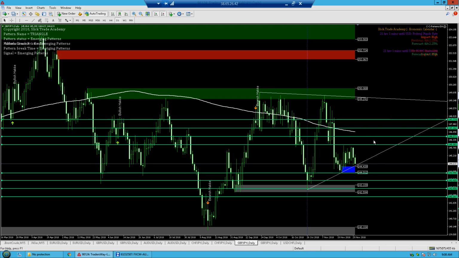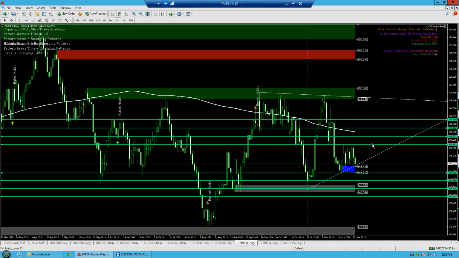So I'll go ahead and read these off in case you haven't looked at the post. But if we break below the 143.955, we can expect that price may reach 143.428. Take profit 2, 142.858. Take profit 3, 142.267.